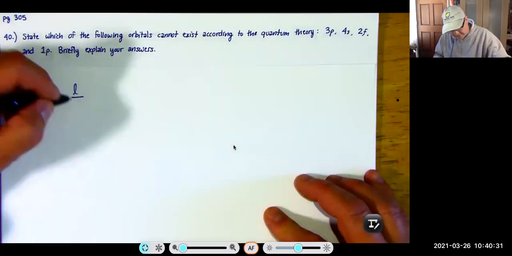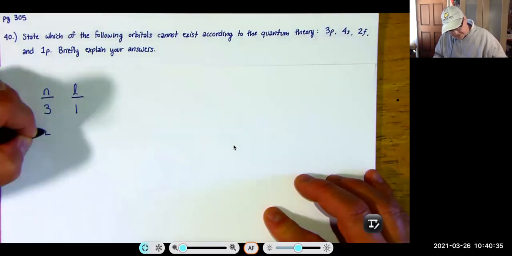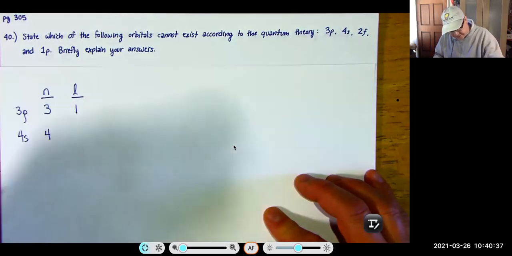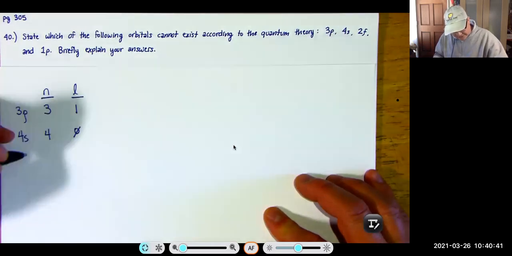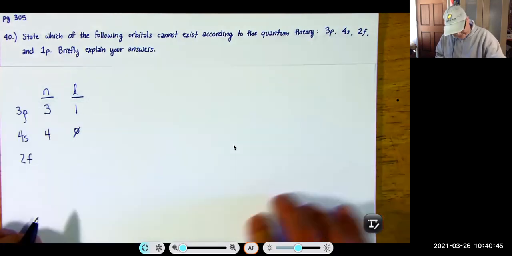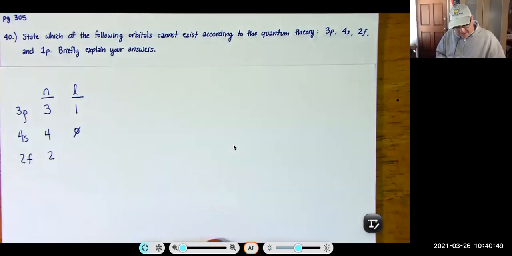How about a 4s? What's the value for s? 0. Okay, what about an F?